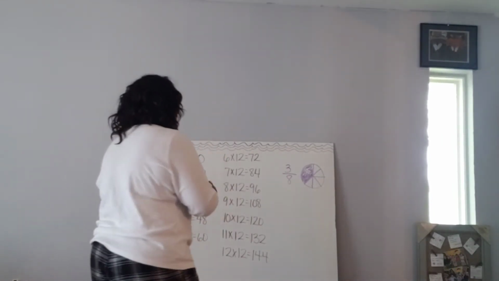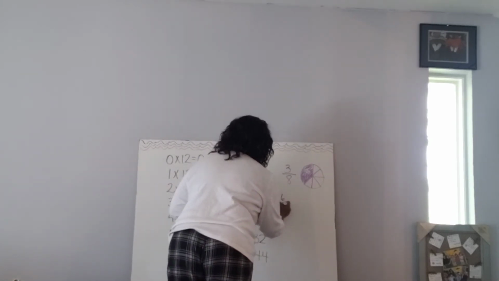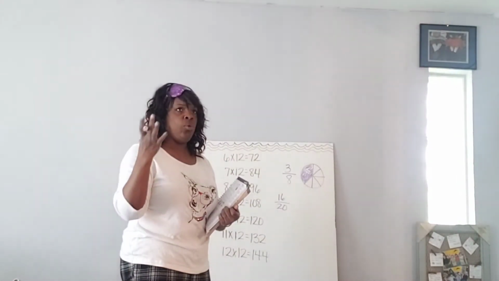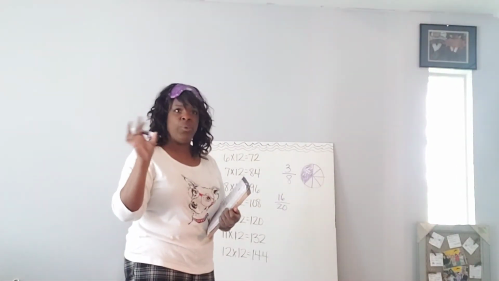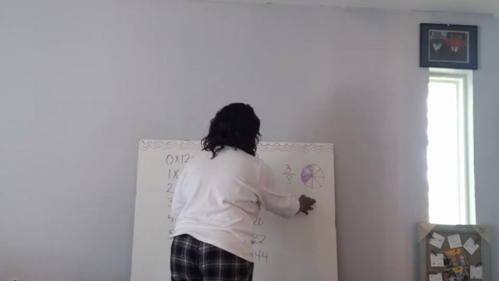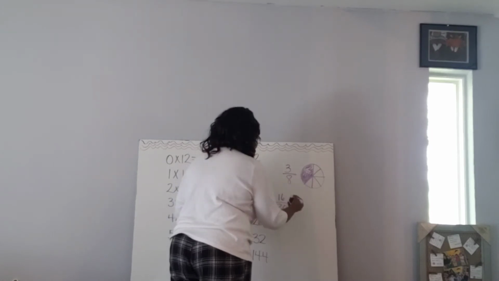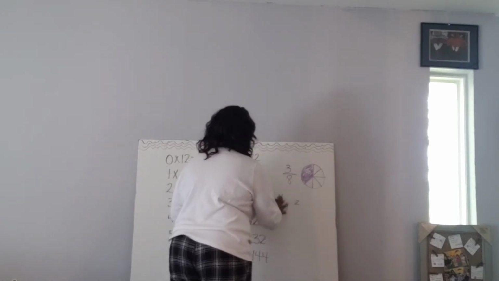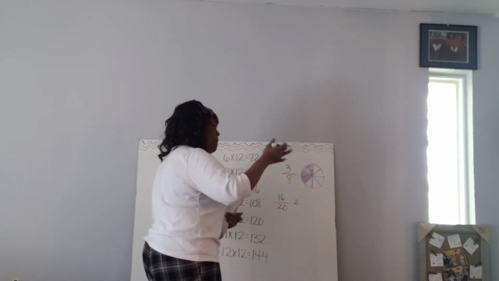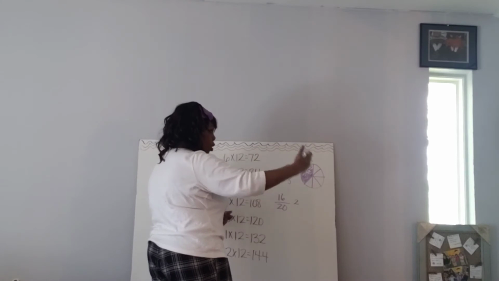Okay, let me do this for you, and I'm trying not to take too long on this video, but I really want to show you because on an old test or quiz, I can't remember, it's asking you to put the numbers that you can divide both by. When you do that, start with the lowest. I know I've told you to start with the biggest number and go down, but when you're writing it out, start with the smallest number and go up.